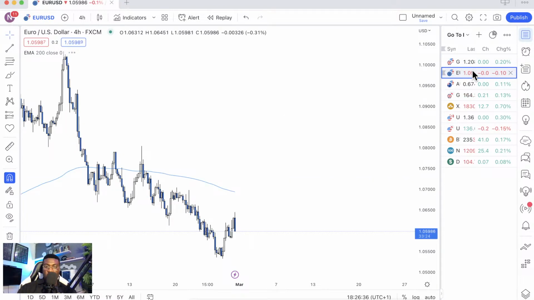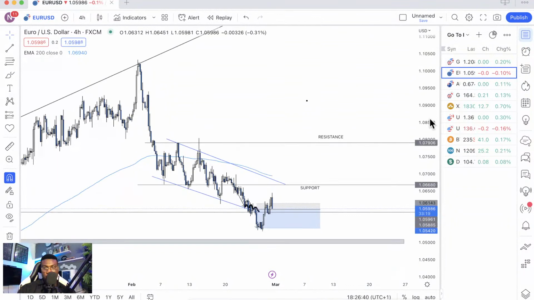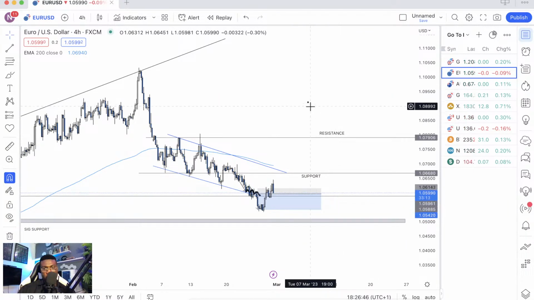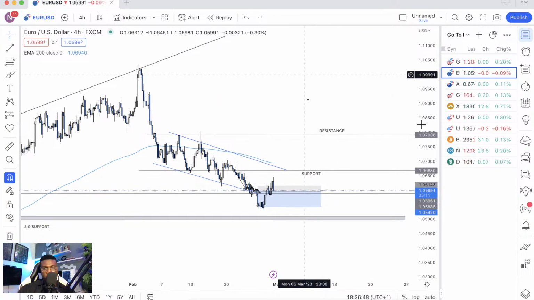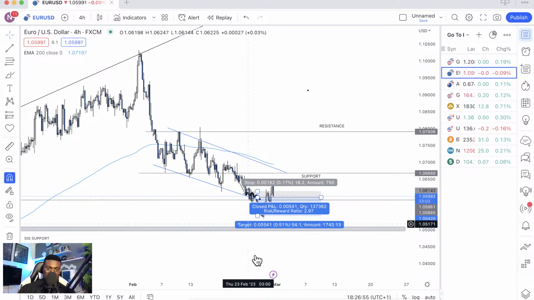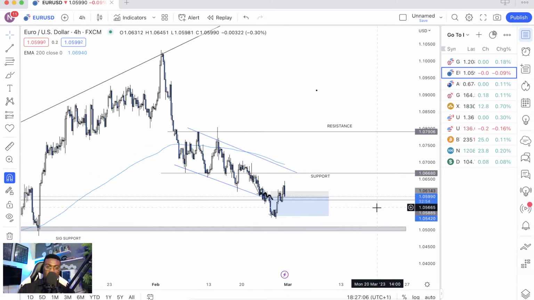Let's look at euro dollar. If you look at the pairs that we analyzed last week, they've been doing great. We considered the possibility of the euro dollar getting back down here, consolidating and breaking to the downside. Our potential targets were 1.05, which is also a psychological level, but it didn't get back down to that point.